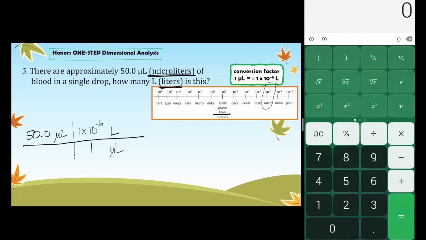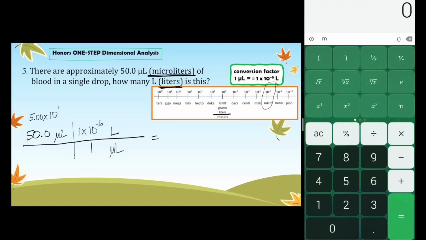And remember, 50.0 is the same thing as saying 5.00 times 10 to the power of positive 1. I keep doing those conversions so you're able to do some mental math here.